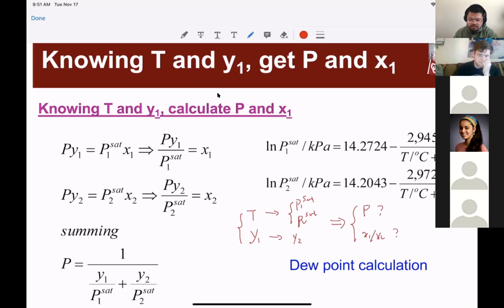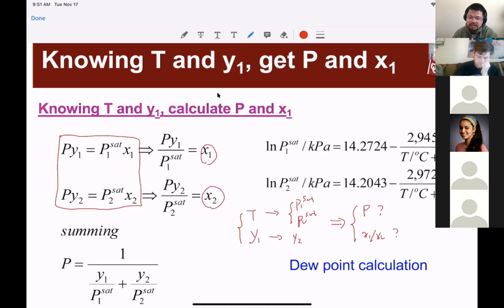Now this is always the starting equation. If you have the problem statement, or if you can justify that Raoult's law is a good equation to use, then always write down the two equations. Then we need to somehow get rid of X1 and X2 to calculate P total, so we manipulate the equations. We express X1 as the ratio P Y1 over P1 sat, similarly for X2.